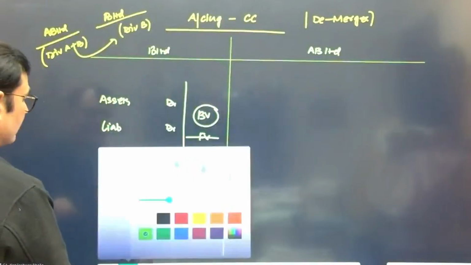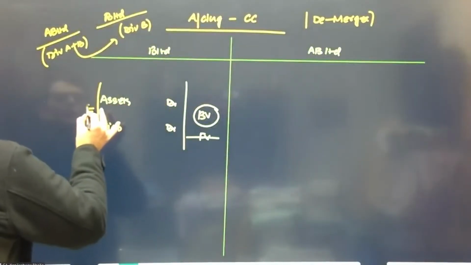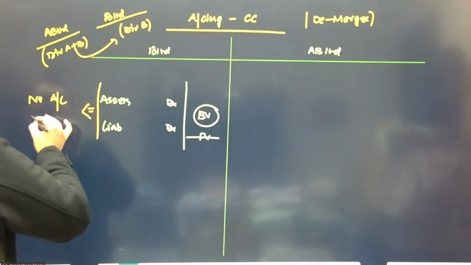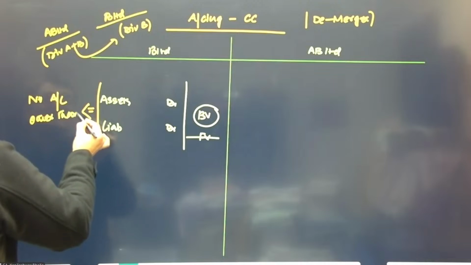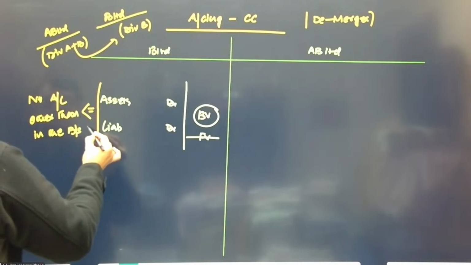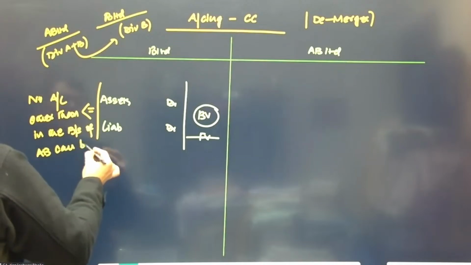So you're going to create these assets and liabilities, that is one. And as I mentioned, no asset and liability other than in the balance sheet of AB can be recorded.